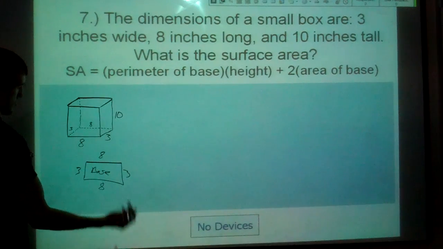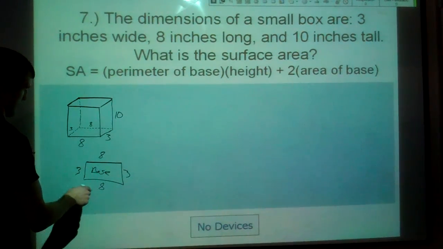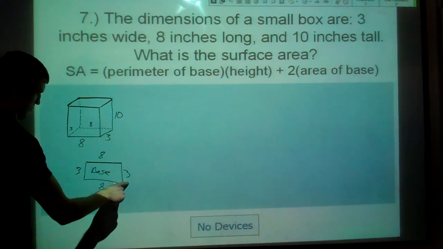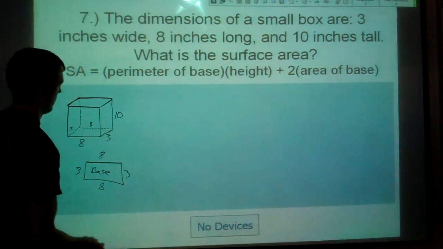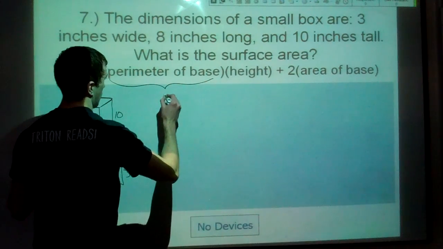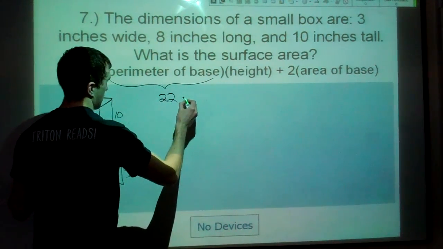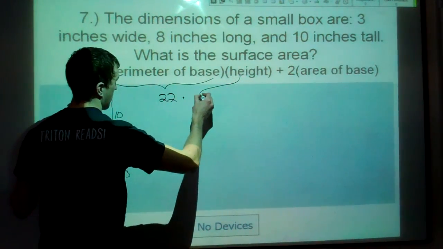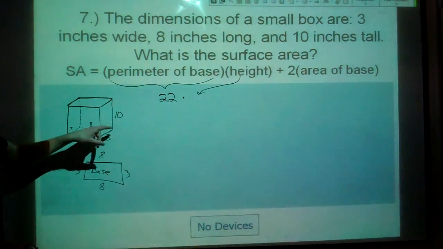So 11 times 2 is 22, or you can just add them all up. 3 plus 8 is 11, plus 3 is 14, plus 8 is 22. So perimeter of the base, 22. And we're going to multiply that times the height. The height of our box is 10.